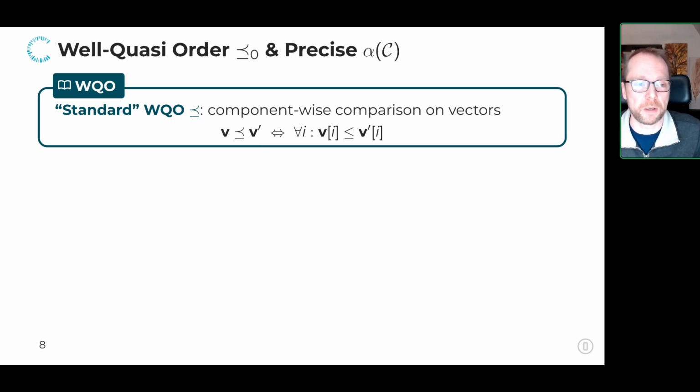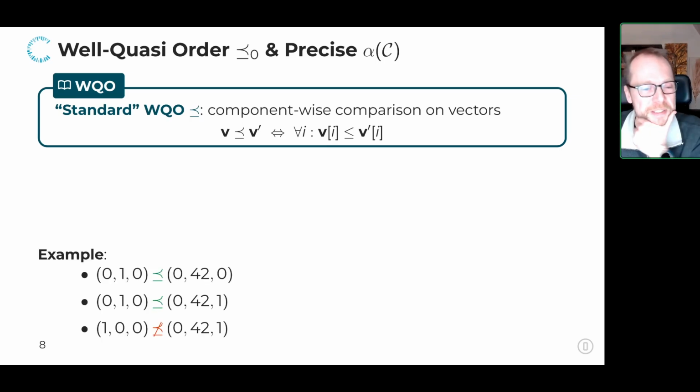An example, or a couple of examples, would be here with the standard well-quasi order. 0, 1, 0 is smaller than 0, 42, 0, because every position is smaller. 0, 1, 0 is also smaller than 0, 42, 1. But 1, 0, 0 is not smaller than 0, 42, 1, because in the first position, this first one is bigger than the second one, so it doesn't fit.